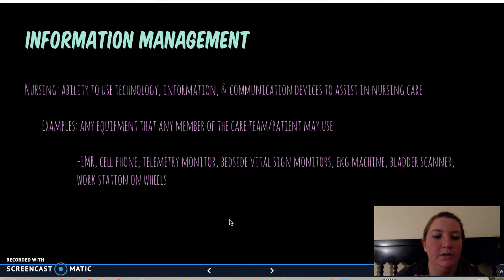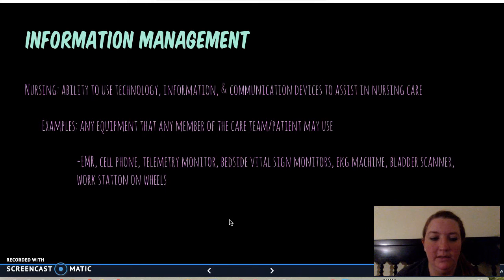Information management. This is any way to manage information. So all the technology used in the care of the patient, the care of the nurse, the provider, anyone who's providing care, any of the equipment. So EMR, which is Epic for our system, cell phone, telemetry monitor, bedside vital sign monitors, EKG machines, bladder scanners, workstations.